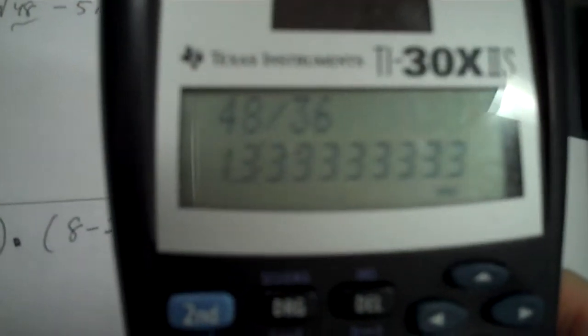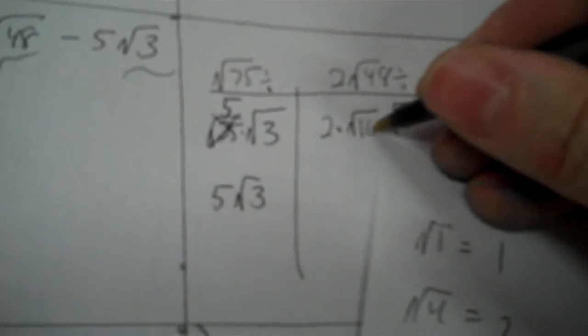Or no, 48, I'm wrong, sorry about that. 48, not 45. 48 divided by 36, 48 by 25, 48 by 16, cha-ching, okay? So I put 16 and 3, and I rewrite that as 4. So now I have 2 times 4 times the square root of 3. 2 times 4 is 8. So I now have 8 square root 3.